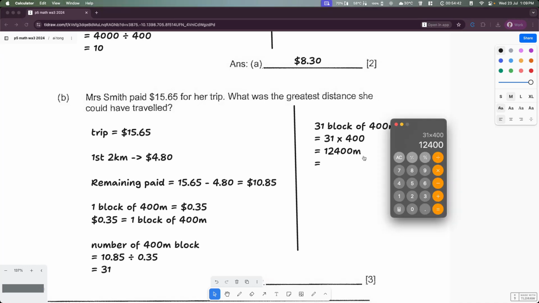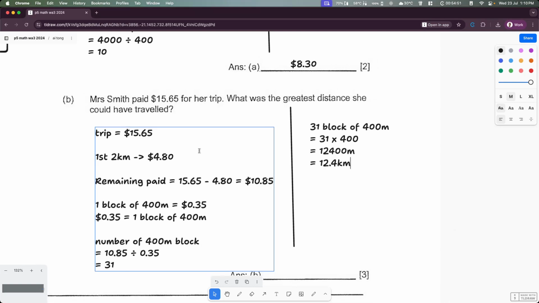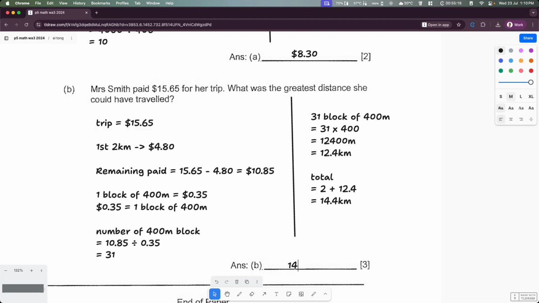So in this case, we can divide by 1000. This gives us 12.4 kilometers. All right, so does it say anything about having to put into kilometers? No, right? So since we have 31 blocks of 400 meters and we also paid for the first 2 kilometers, we need to just add 2 plus 12.4, and this gives us 14.4 kilometers, right? So a common mistake is to forget to convert meters to kilometers and not adding the 2 kilometers as well. So this will be 14.4 kilometers.